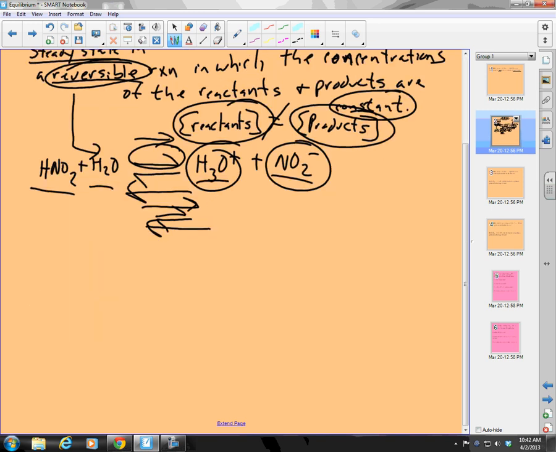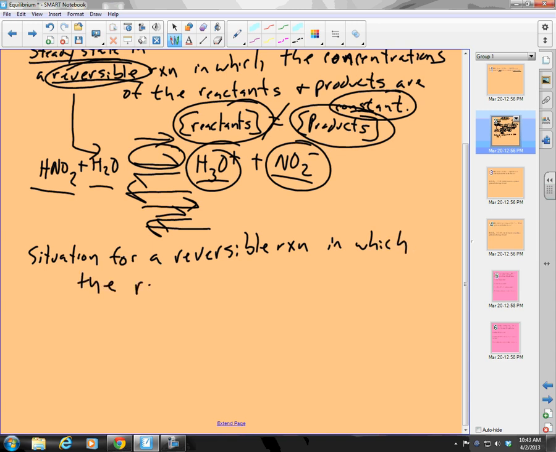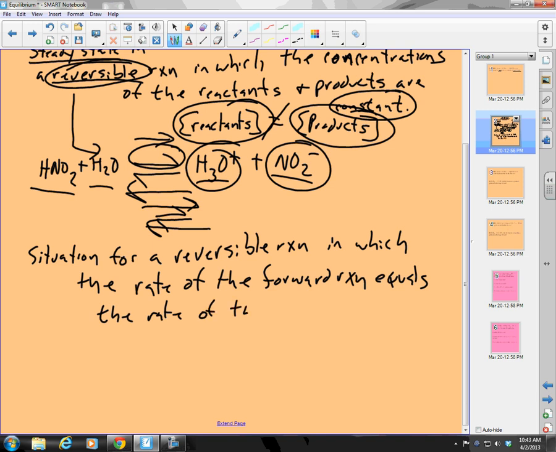Now, another definition I like is this: a situation for a reversible reaction in which the rate of the forward reaction equals the rate of the reverse reaction.